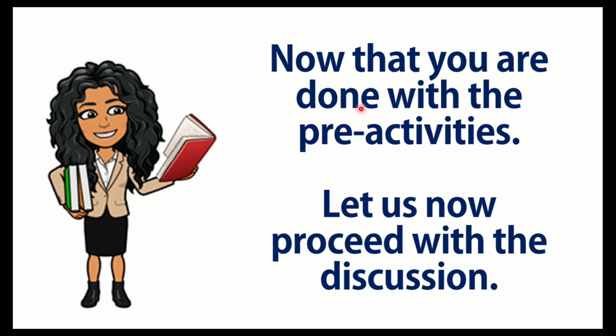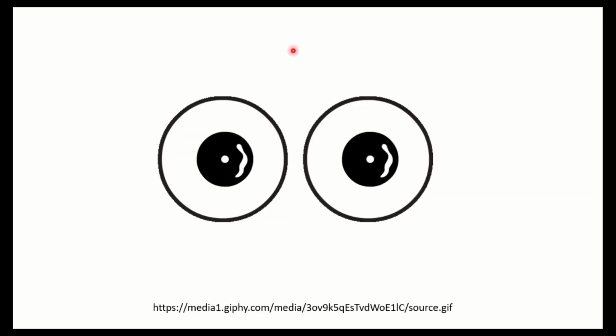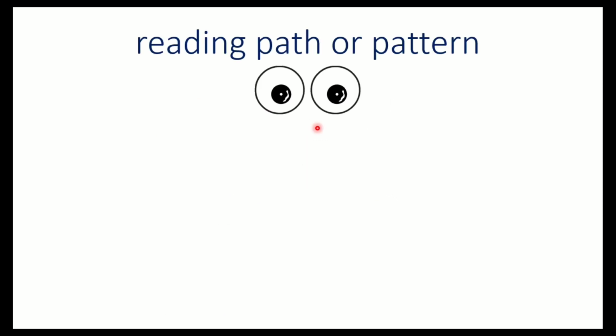Now that you are done with the pre-activities, let us now proceed with the discussion. What are linear and non-linear texts? What do we have here? Correct, these are eyeballs. How our eyes move while we read determines the reading path or pattern as we decode or get information from the texts we read.